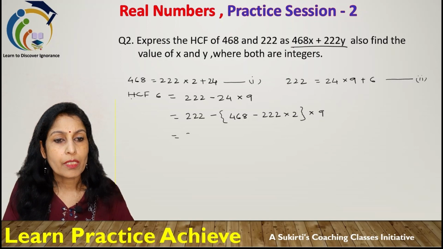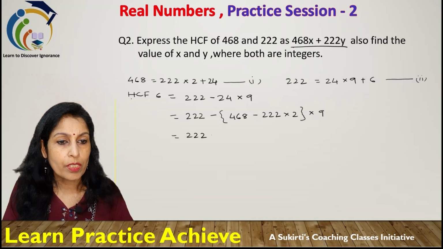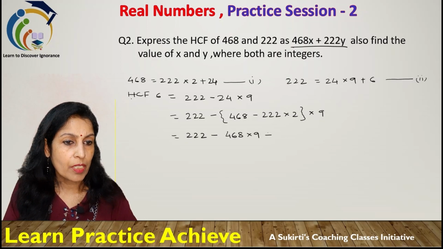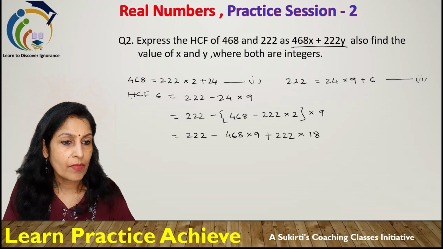So this can be written as 222 minus 468 into 9 plus 222 into 2 and 9, that is equal to 18.